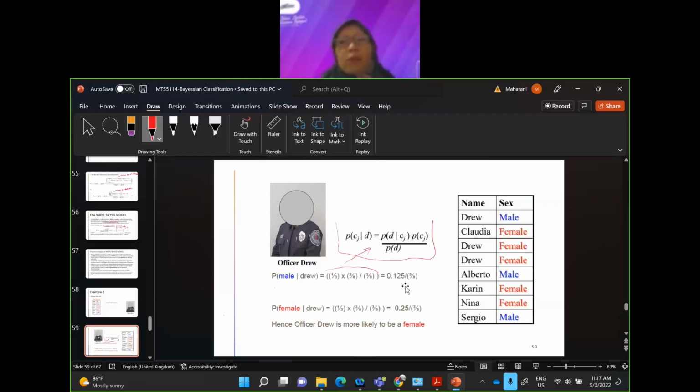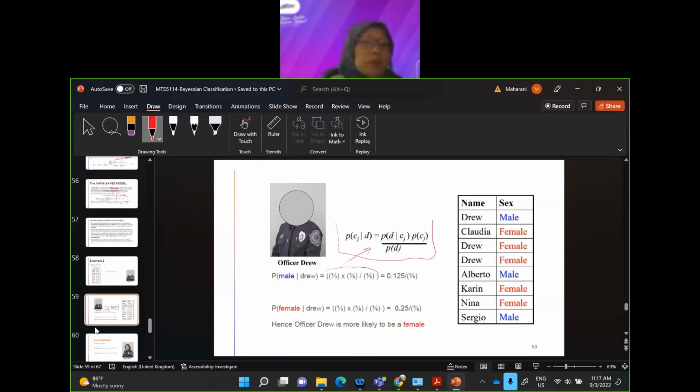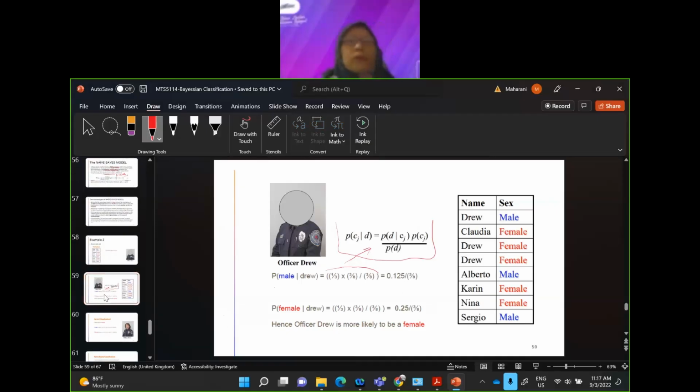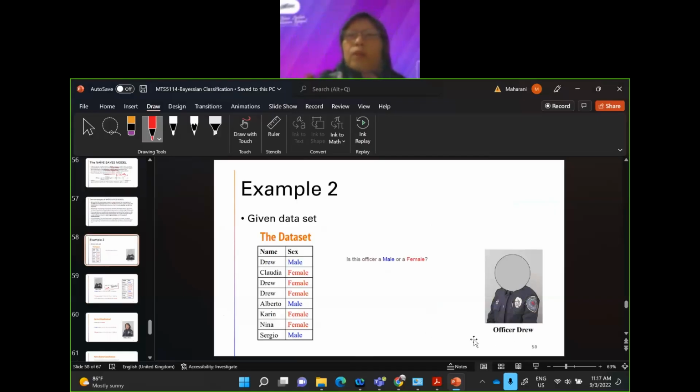Because we want to predict male or female, you have to compute both of them. Male with the name of Drew. We want to predict whether an officer with the name Drew is male or female. You can also play around with this.